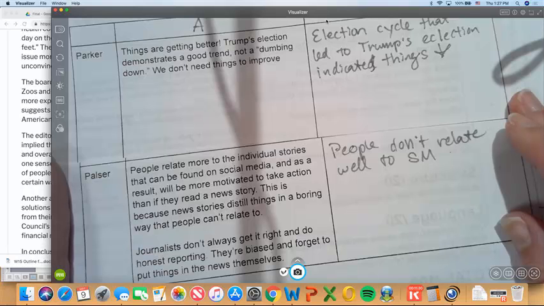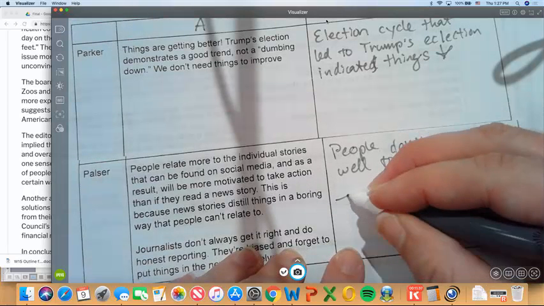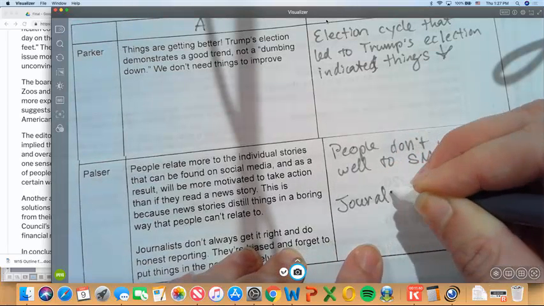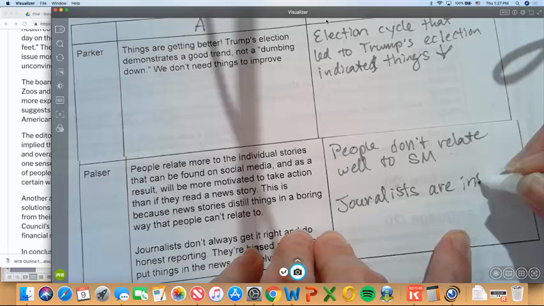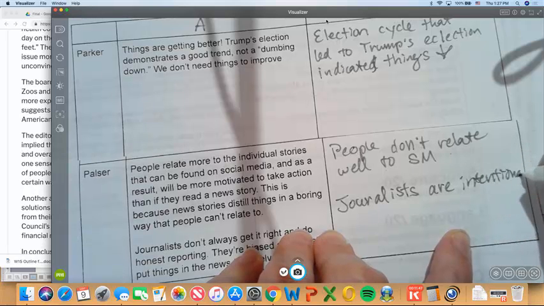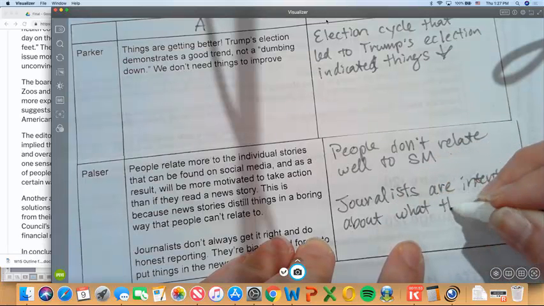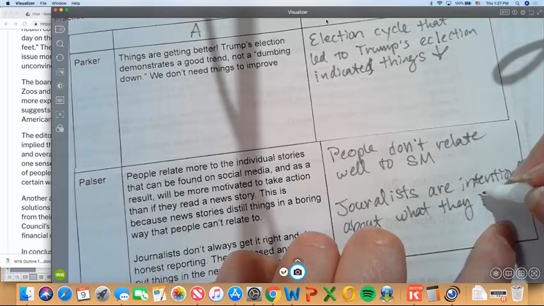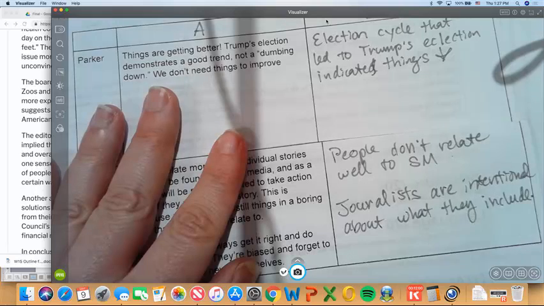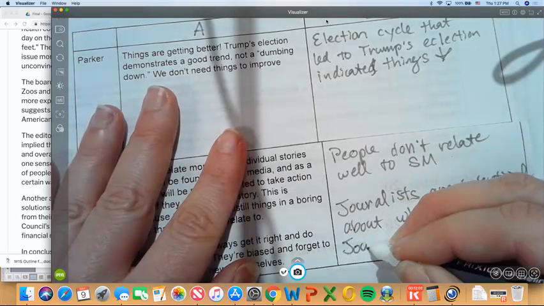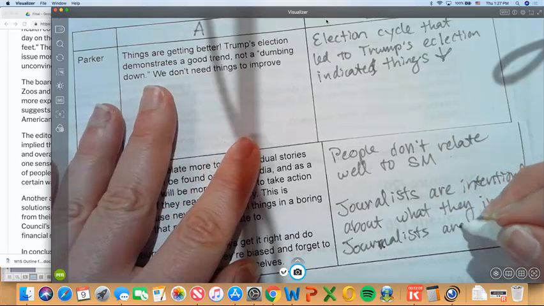Yeah, journalists are intentional about what they include. And you can also think about journalists being responsible. Journalists are responsible.